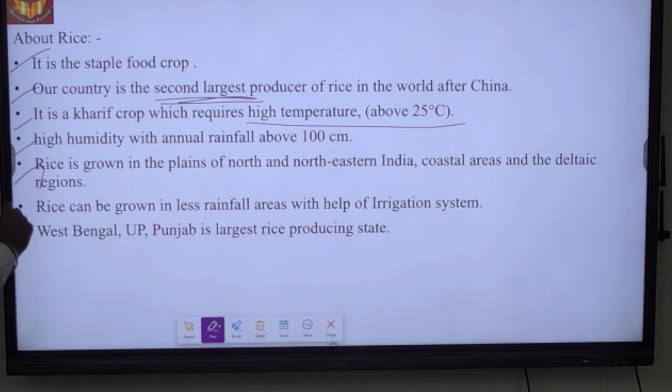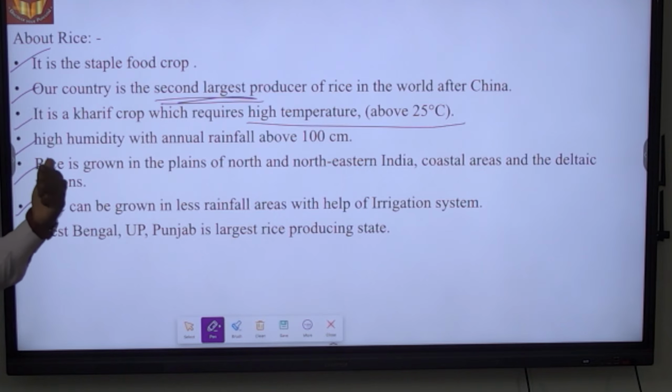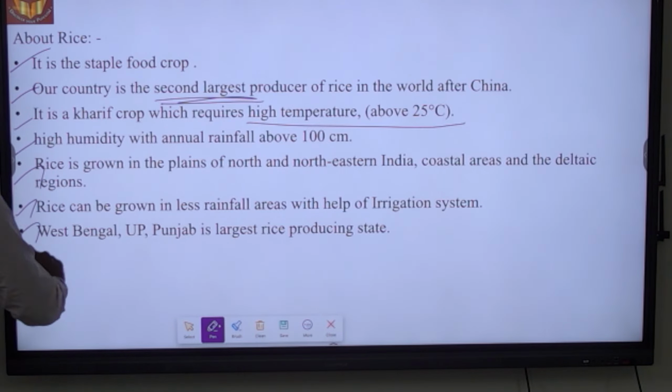Rice can be grown in less rainfall areas with the help of a proper irrigation system to supply the required water. Among the states which produce the most rice are West Bengal, Uttar Pradesh and Punjab. These are the top 3 states that produce the highest quantity of rice in India.